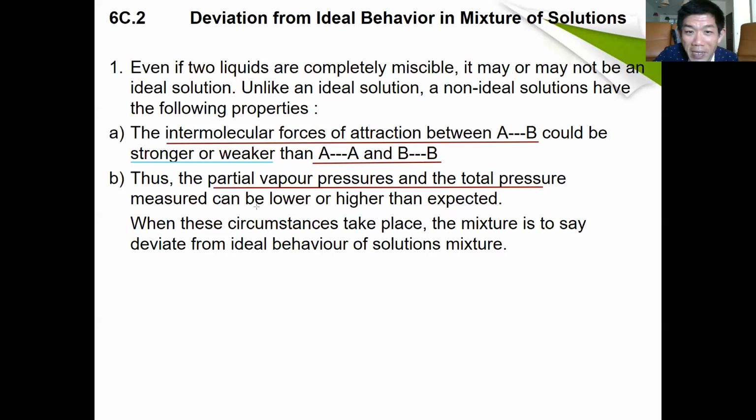This is a little bit similar to that of gas. Later we are going to study how these behaviors take place. So with that, let's have a look at the comparison between a positive deviation and a negative deviation for the ideal solution. Okay, we go to the next one.